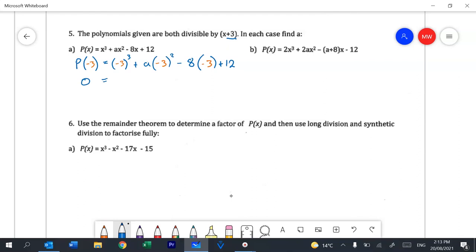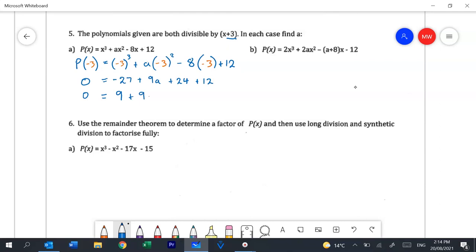So this would give us negative 27. And then here we've got 9a's. And here we've got 24. And here we've got 12 on the end. So now we've got minus 27 plus 24 makes minus 3. Minus 3 plus 12 makes 9.